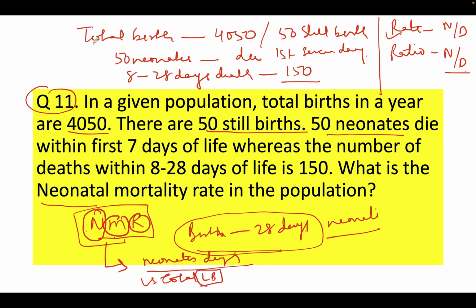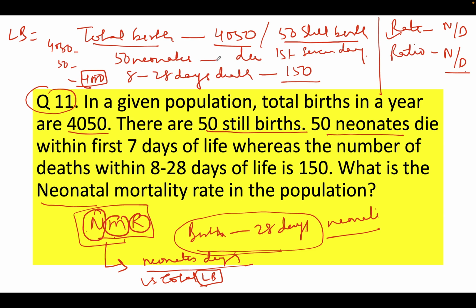The question says total birth is 4050, and there are 50 stillbirths, who have not shown any signs of life; they were born dead. So 50 stillbirths need to be subtracted from 4050, which gives 4000. So 4000 is our live birth.